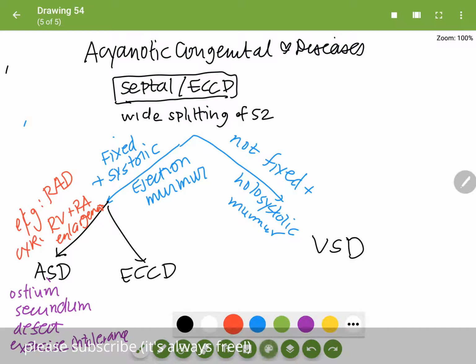As far as endocardial cushion defect, the most important thing you must remember is that trisomy 21 patients have a higher risk for ECCD than the general population.